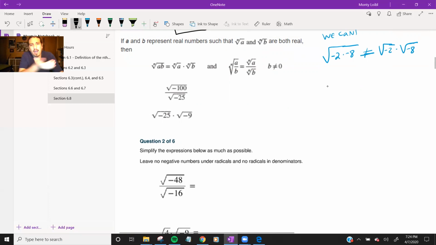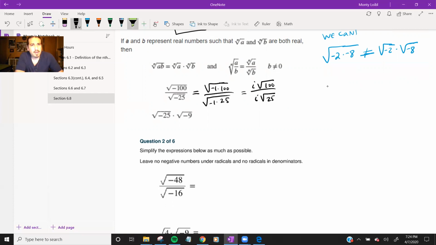So how do we do this? If we can't separate them, remember that you can rewrite it as -1 times 100 divided by -1 times 25. So the square root of -1 is i times the square root of 100, and you have i times the square root of 25.